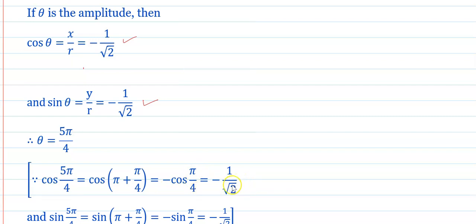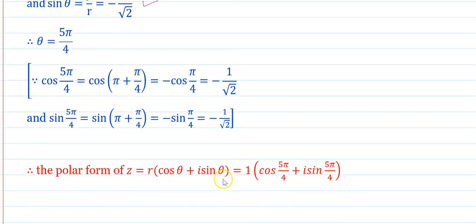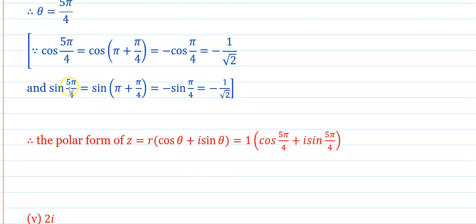And next, sin of 5 pi by 4 is equal to sin of pi plus pi by 4, which is equal to minus sin of pi by 4, which is equal to minus 1 by root 2. And hence the angle is 5 pi by 4.